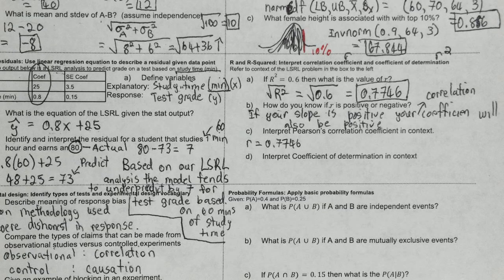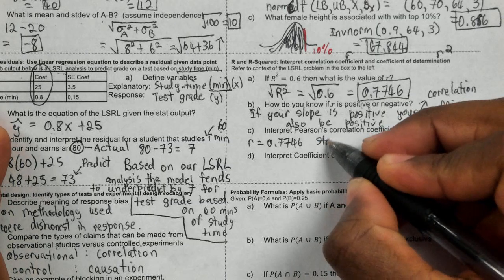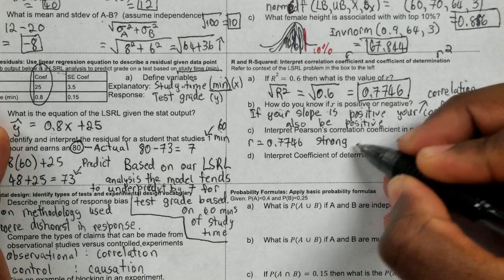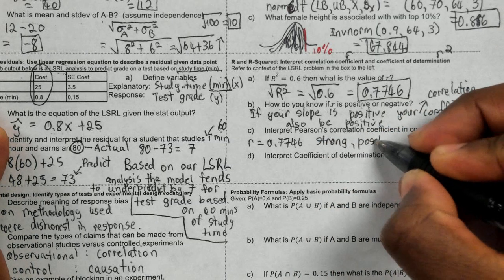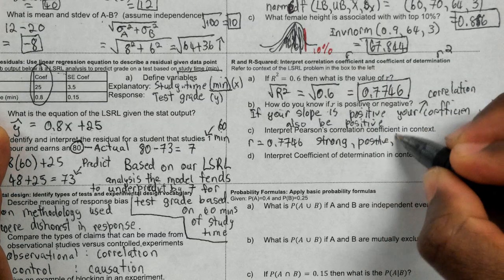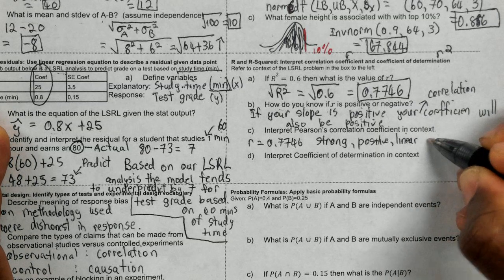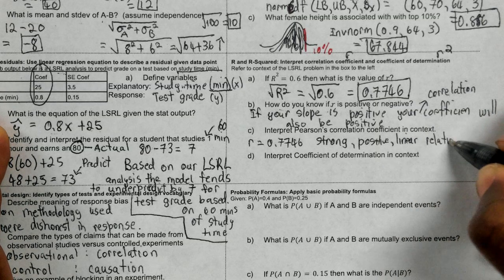So in this case, guys, I would say it would have a strong positive, so a strong, we already know it's positive, correlation. We can also say linear too. So linear correlation or relationship.